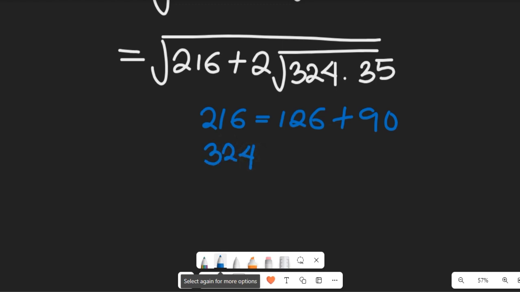324 can still be equal to, remember we said, 18 multiplying 18, right? And now I can also look at 35 and say my 35 is equal to 7 multiplied by 5.